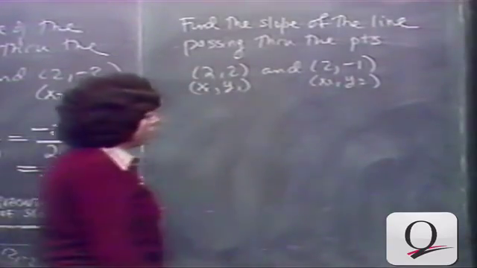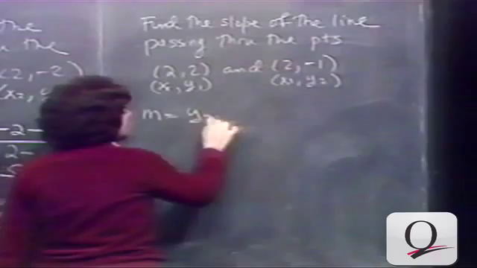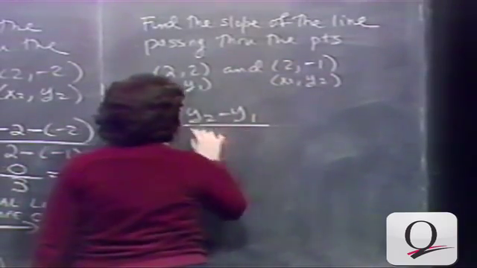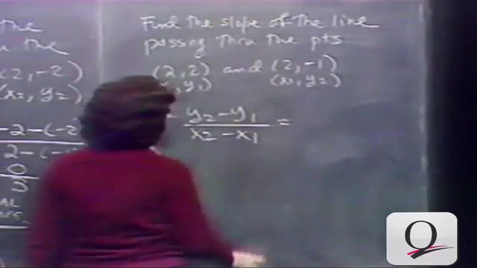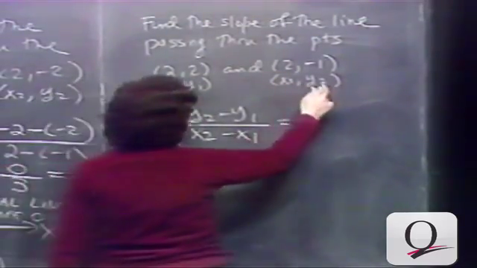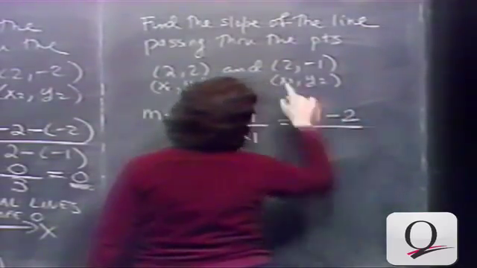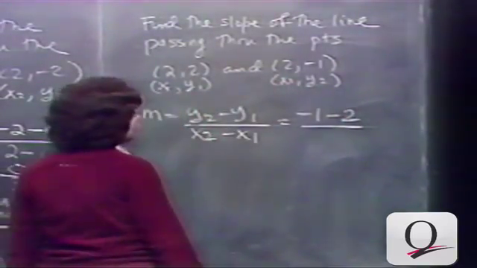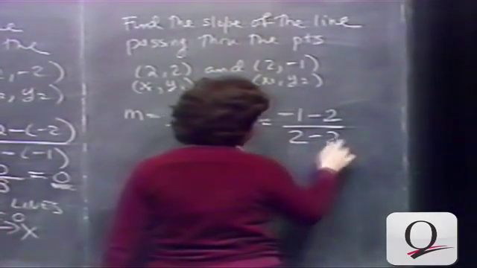Now here an interesting thing happens. If we try to use the slope formula, which is y2 minus y1 over x2 minus x1, we would get minus 1 minus 2 over x2 minus x1, 2 minus 2, which is 0.